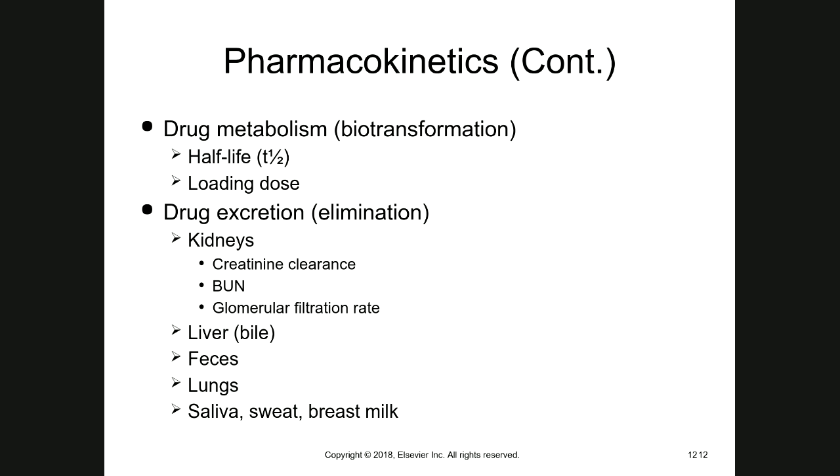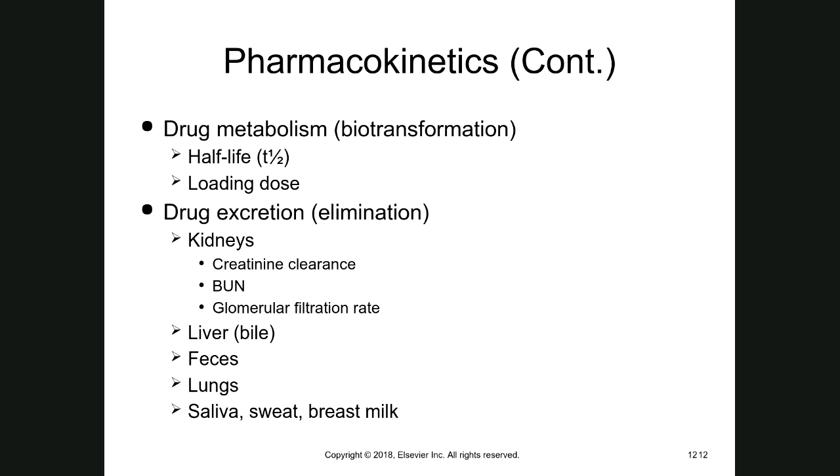Drug excretion and elimination, you'll see different things metabolized differently. Some things do metabolize through the kidneys, so you'll look at the creatinine clearance, BUN, and glomerular filtration rate. Some, which I like to say, affect the liver. It basically is metabolized through the liver.